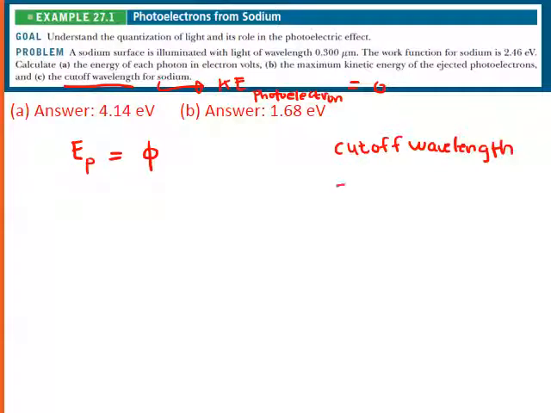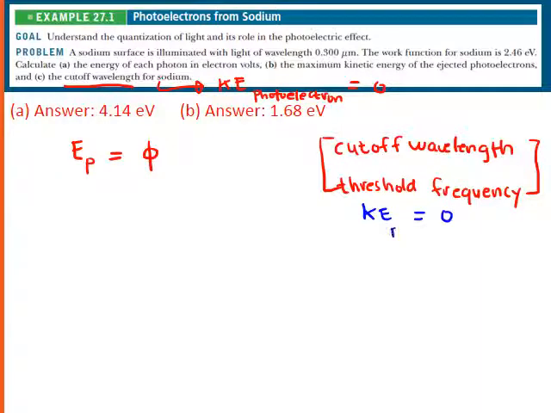The same concept, let me write that down. Threshold frequency. In both of these cases, the kinetic energy of the photoelectron is equal to 0. So now let us go back to the original equation.